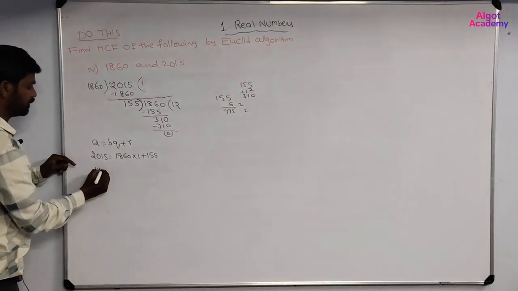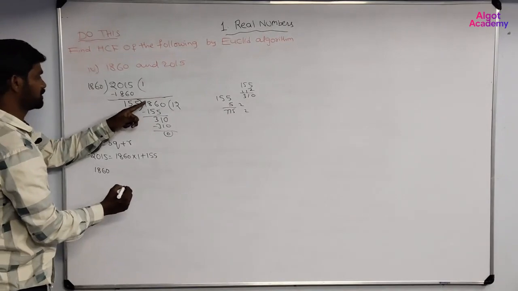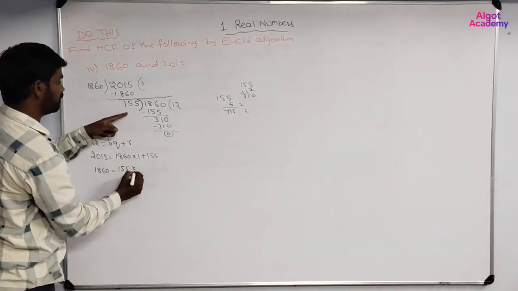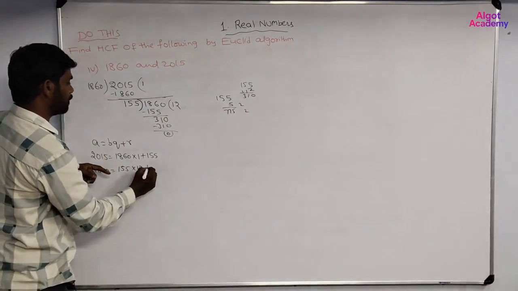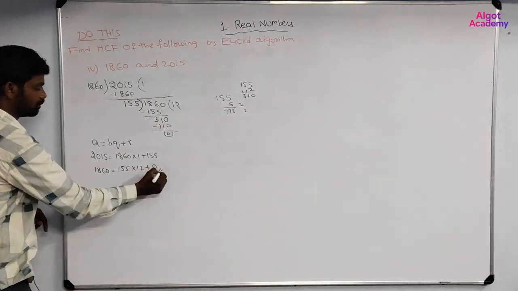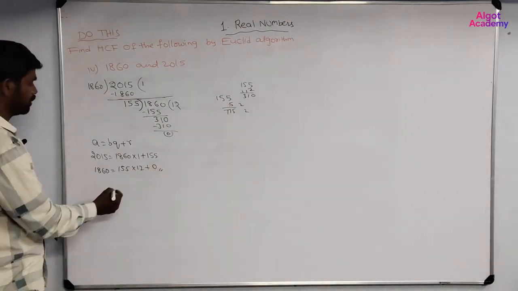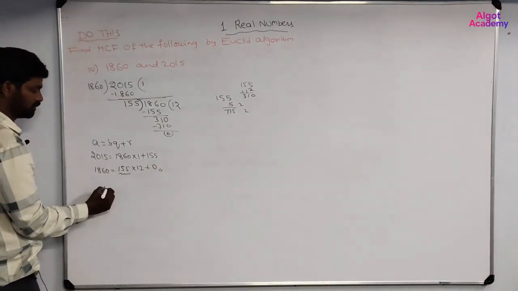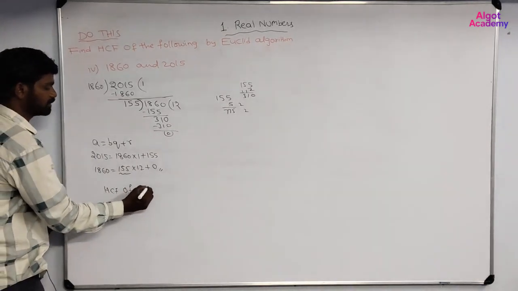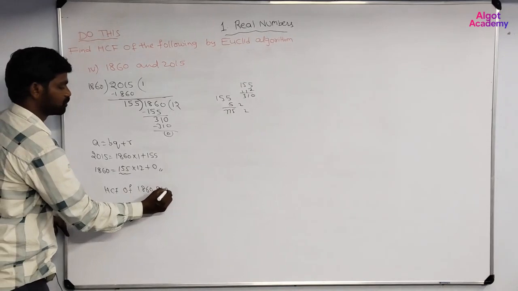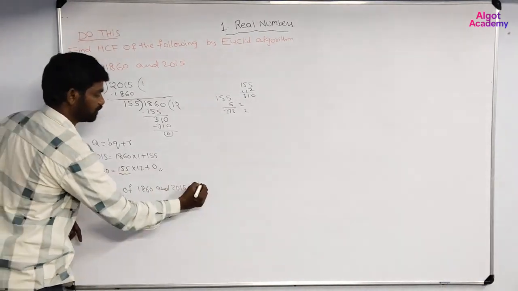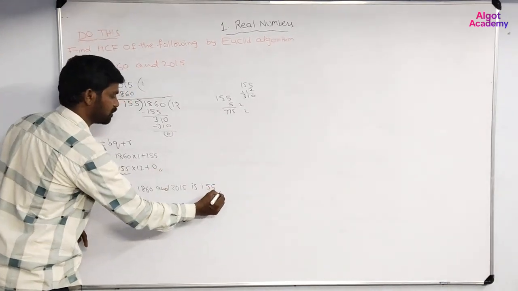Next, in the next step, A value becomes 1860 and B value is 155 into Q value is 12 plus, and the R value, that is remainder, is 0. So we got remainder 0 and this value is the HCF. Therefore, HCF of 1860 and 2015 is 155. So this is your answer.